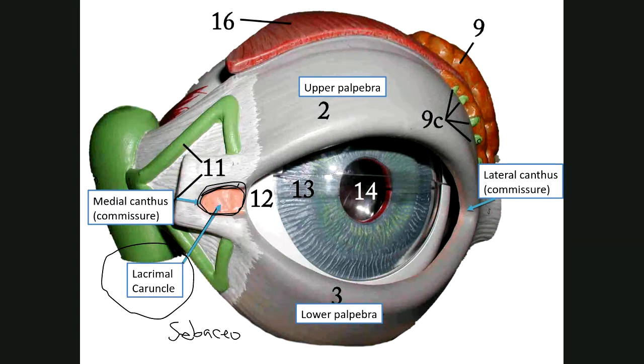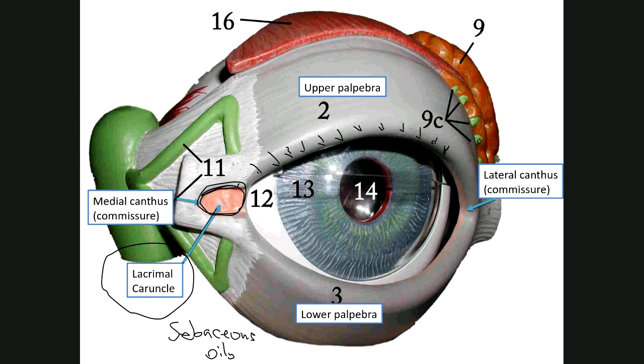And so they're producing this oily secretion. The oily secretion is there to get spread across the surface of the eyelid. It also helps to keep the eyelashes flexible and less likely to bend or break, fall out.